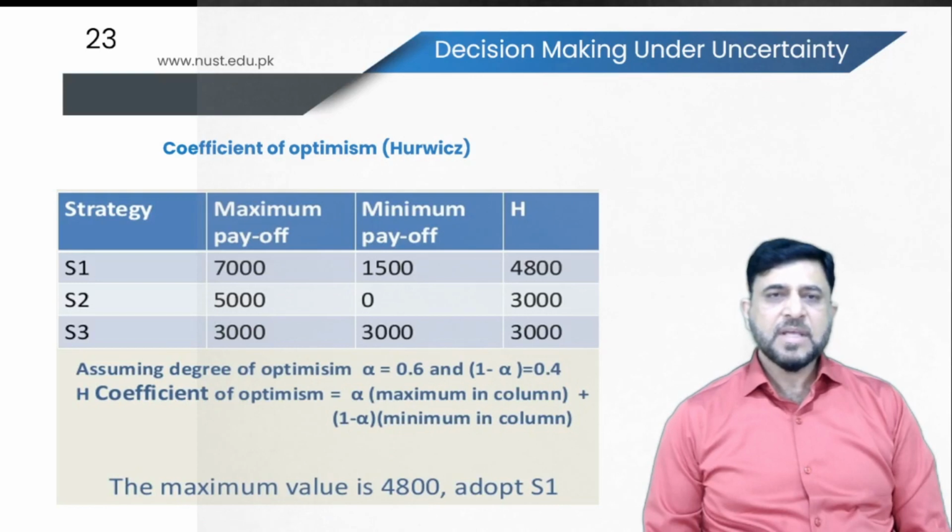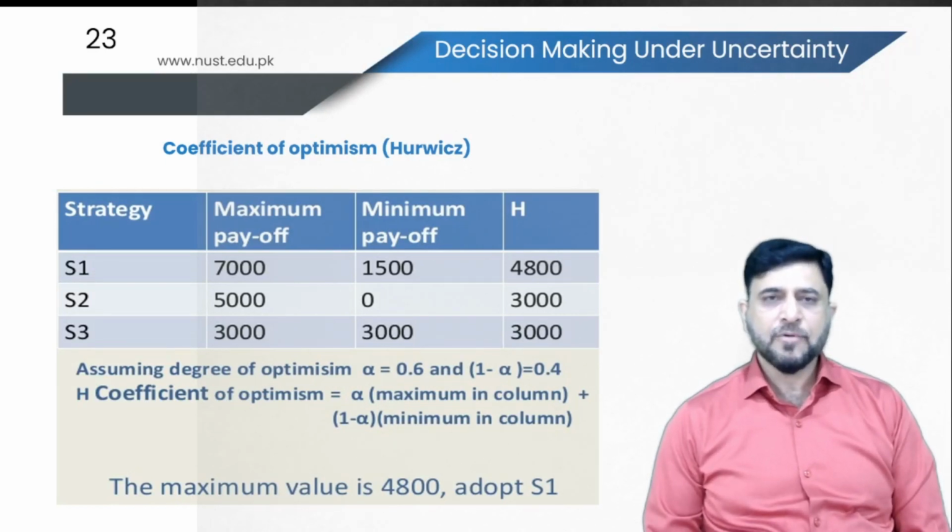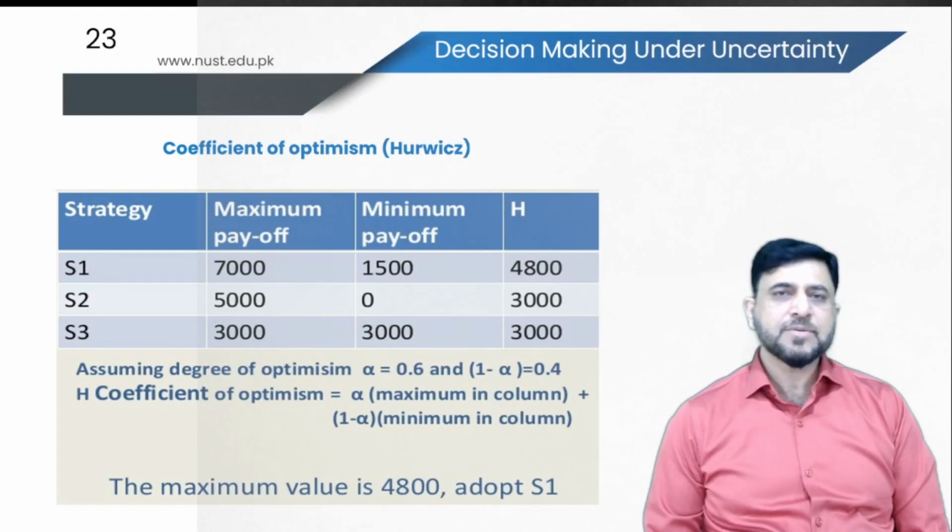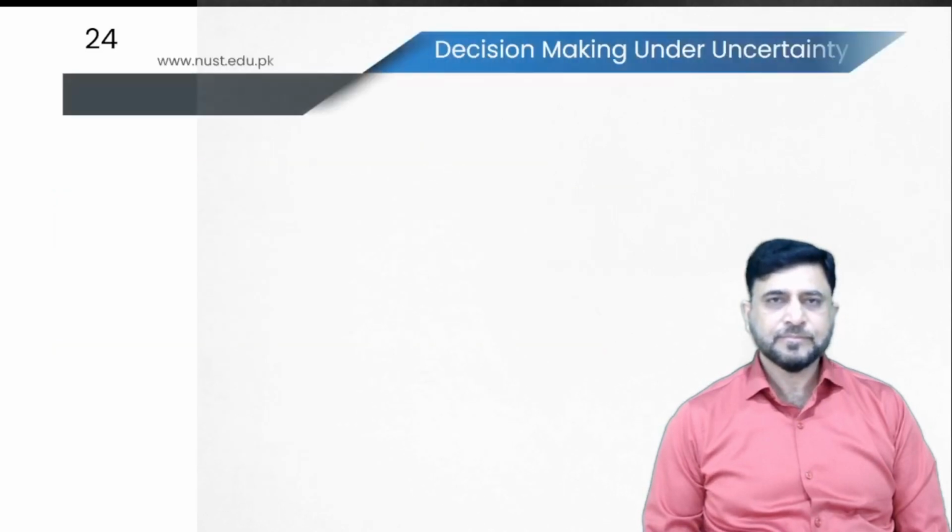What is the alpha here? We have assumed that alpha is 0.6 for the best option. So automatically for the worst option it is 0.4, which means 1 minus 0.6. So we have calculated with the formula. We have found that H is 4800 for S1, 3000 for S2 and again 3000 for S3.